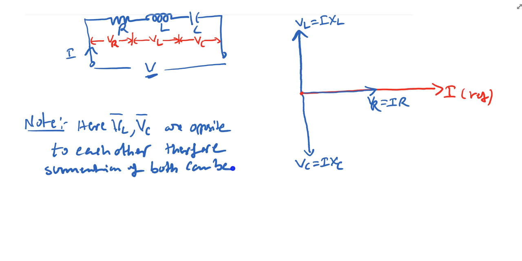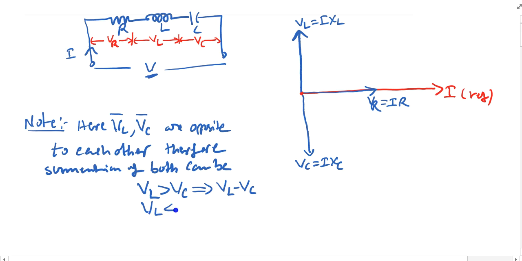Suppose my VL is greater than VC, then my summation could be VL minus VC, which means a positive term is going to come. If my VL is less than VC, then VC minus VL is going to come, so a negative term will come.